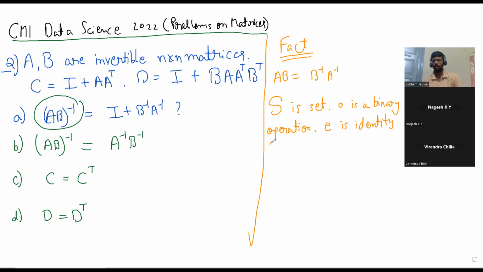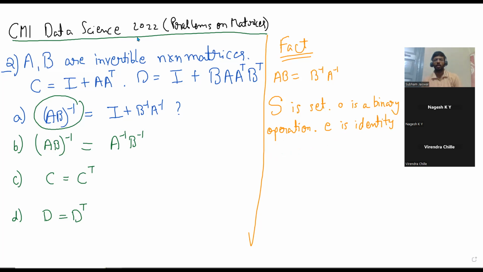What this means is that E circle A is equal to A circle E is equal to A, so it doesn't change the element.